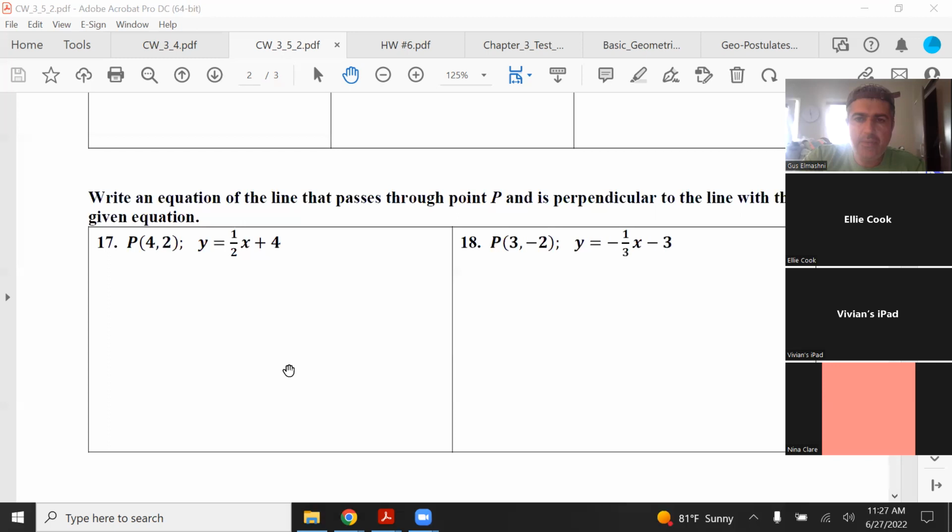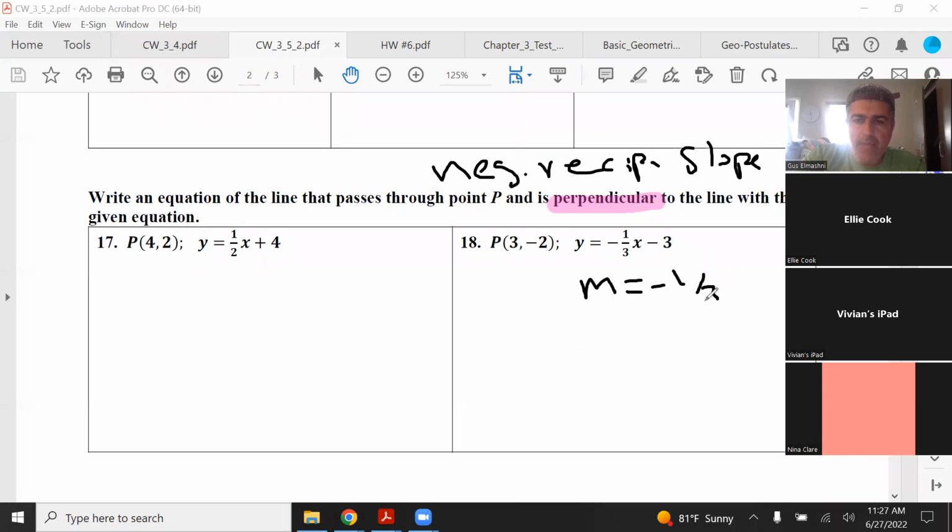18. Now, if you want to be perpendicular, you need a negative reciprocal slope. So here, m is -1/3, because remember, y equals mx plus b, right?